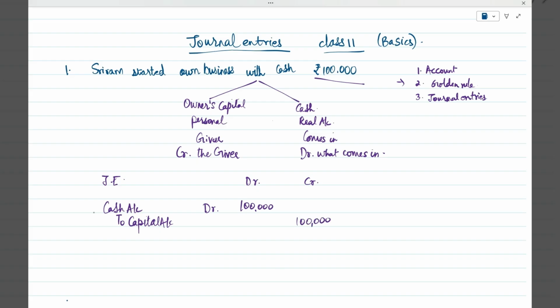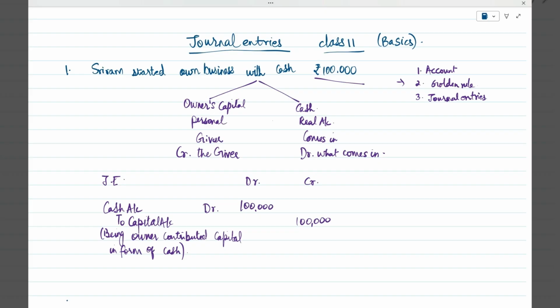I hope this was clear, right? You could give a narration of being owner contributed capital in form of cash. I hope this is clear.